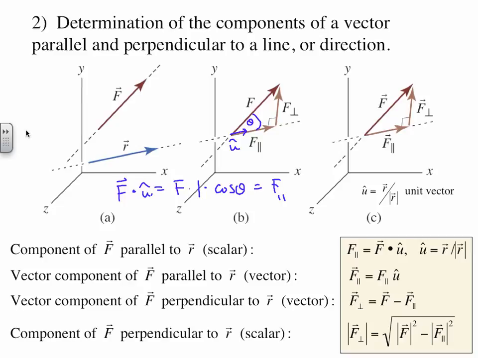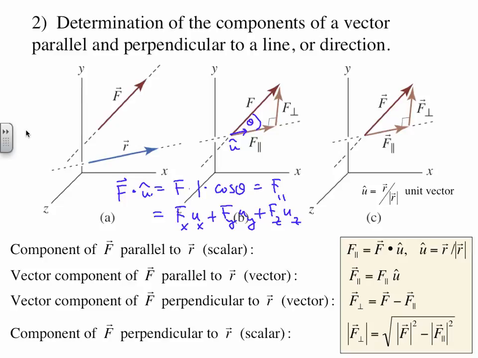The actual evaluation of f cosine theta comes about from using the Cartesian components of f and the unit vector, because we also know that this is fx ux plus fy uy plus fz uz, where fx, fy, fz and ux, uy, uz are the individual Cartesian components of those two vectors.